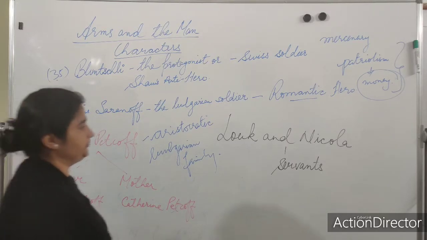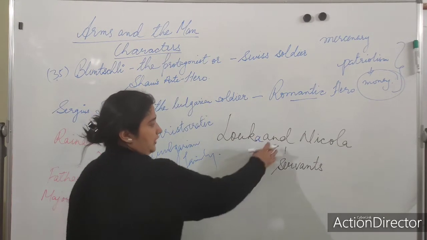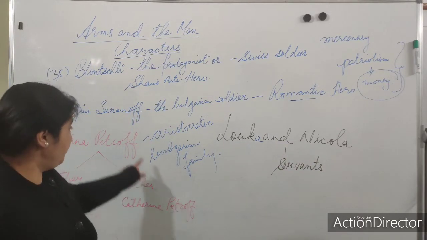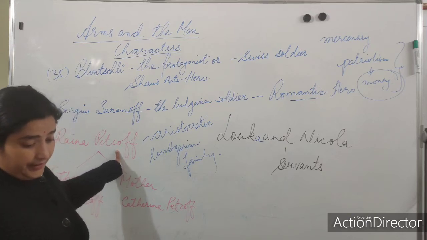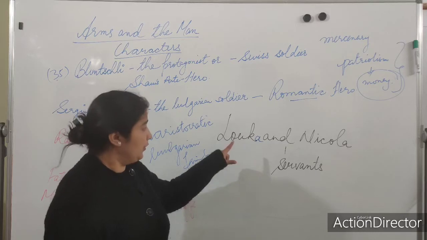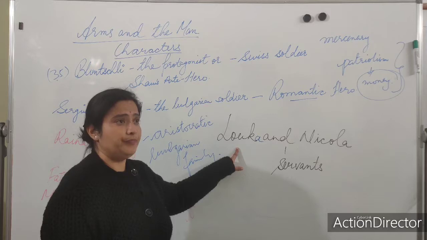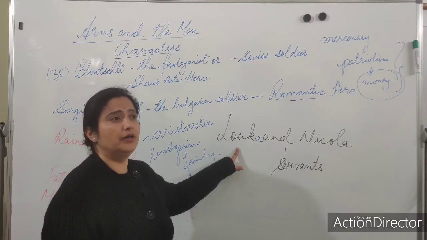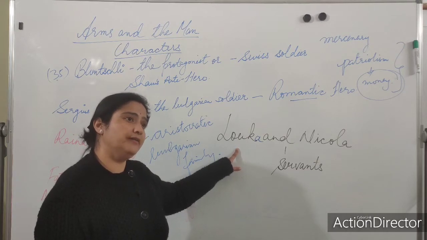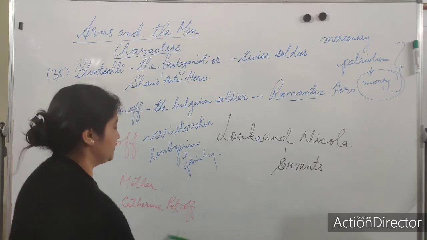Next is Louka. I wrote Lauk, this is Louka and Nicola. They are the two servants in Petkov's family, right? And she is the maid servant in the house, and she plays a very, very significant role, right? Being a maid servant, all through the play, when we study it, you will find that she doesn't consider herself a servant.